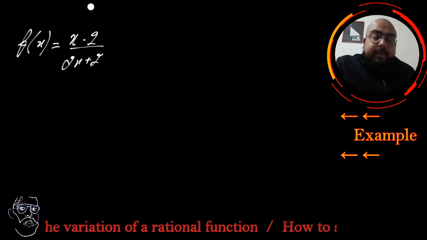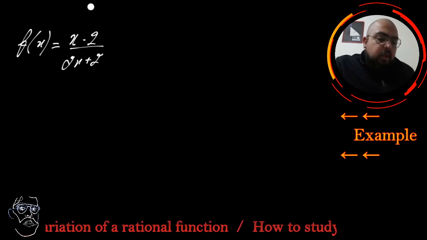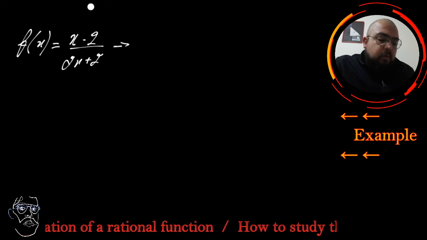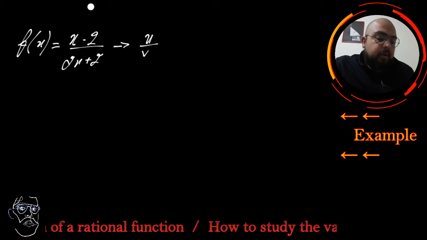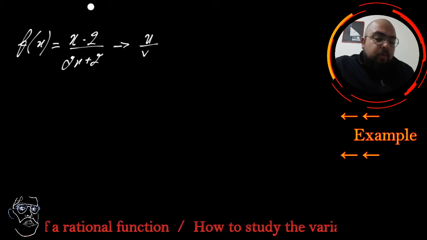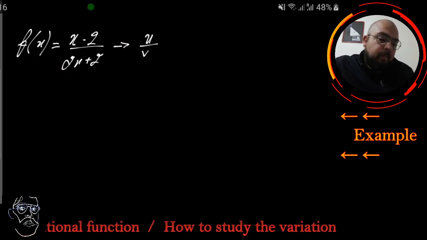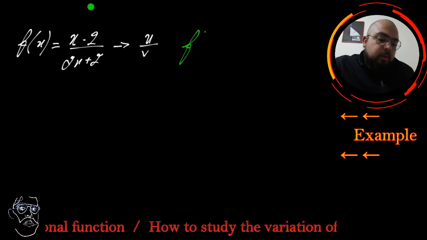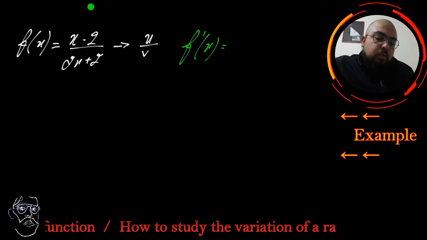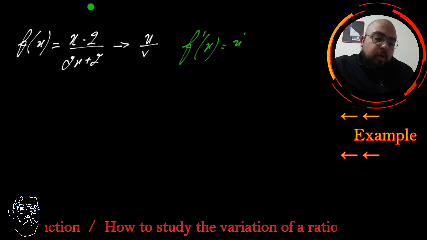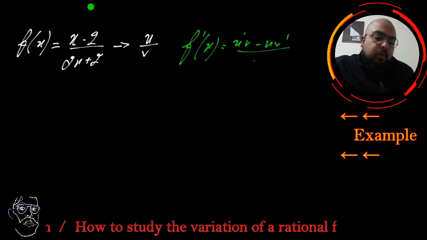I'm going to calculate the derivative, which is f prime of x, but in this case, as you can see, this is in the form of u over v, u of x over v of x. The formula, I'm going to remind you by using the formula. So f prime of x actually is u prime v minus u v prime over v squared.